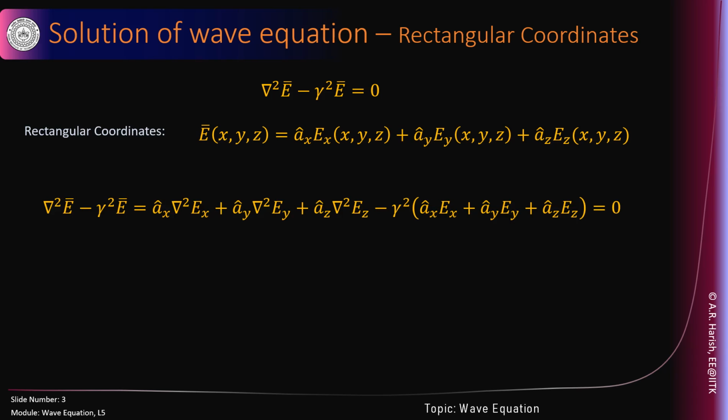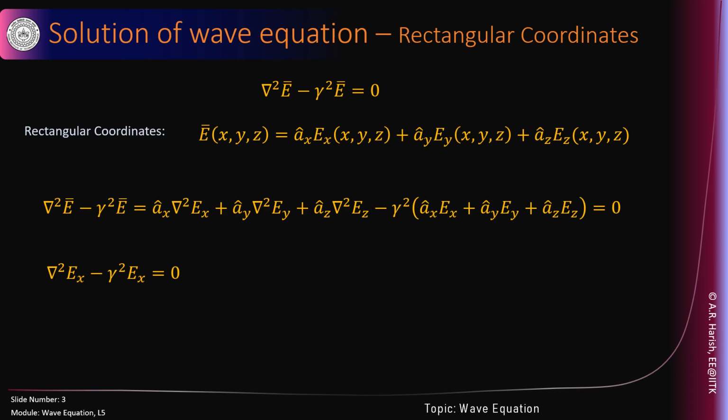Now if I substitute this in the wave equation and simply expand, and we take out that Ax, Ay, Az caps outside, because Ax, Ay, Az caps, they are not functions of space. Therefore, they are constant and hence they can be taken out of the derivatives, that is taken out of del square operator, and we can component wise make it equal to 0.